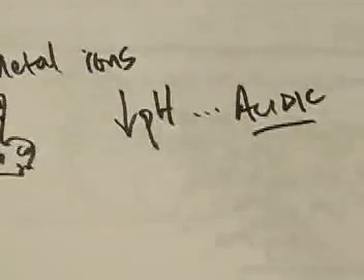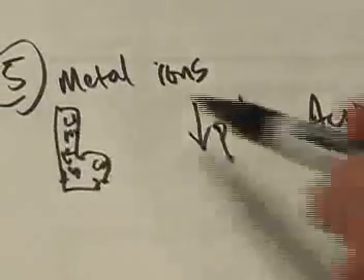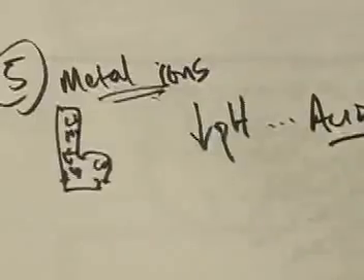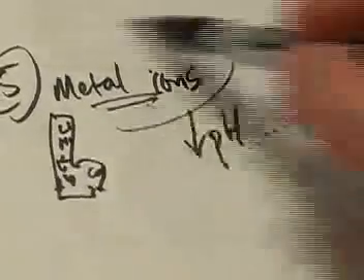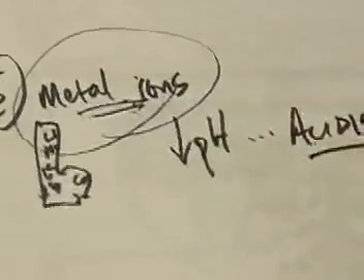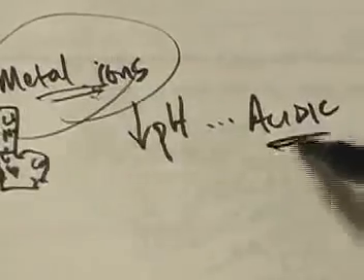Okay? They'll be acidic. We'll talk about why these metal ions do that in the next video cast, but suffice it to say right now, if it's a metal ion that is in solution, it's going to act slightly acidic, a decreased pH.